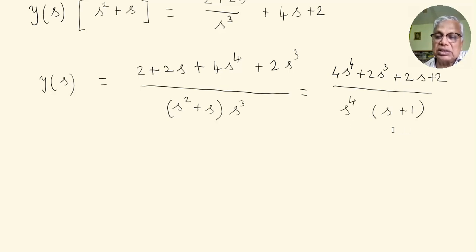It is already factorized. There are actually how many factors? s plus 1 is one factor, and there are repeated roots, 4 roots. So 4 plus 1, 5 factors in this, so we'll have 5 constants.